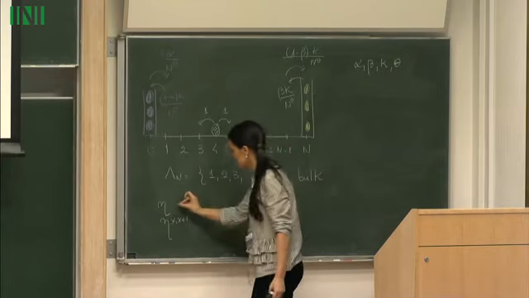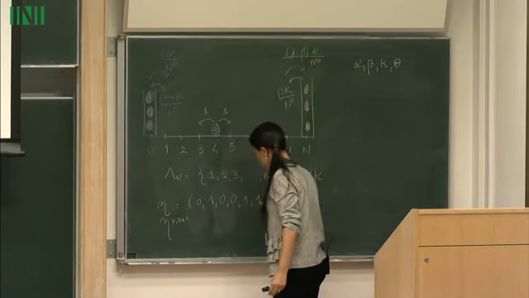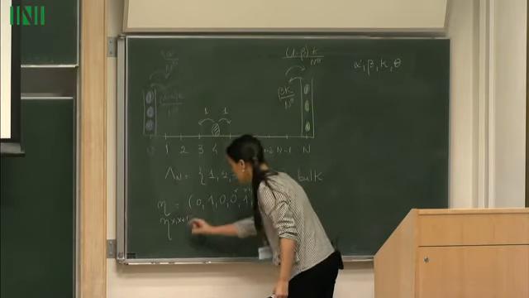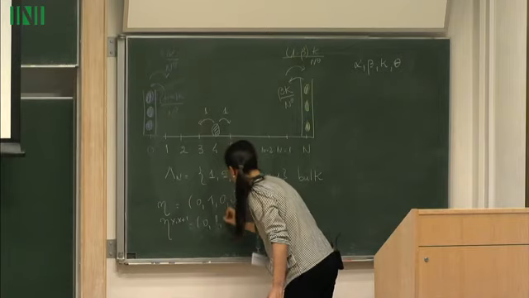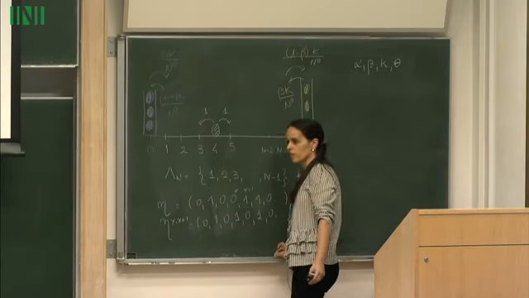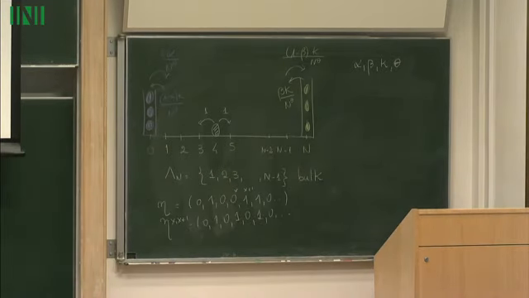So for example, if my eta was something like 1, 1, 0, whatever, and this is x and this is x plus 1, this one would be 0, 1, 0, 1, 0, and so on, okay? So it just swaps the occupation variables at x and x plus 1.